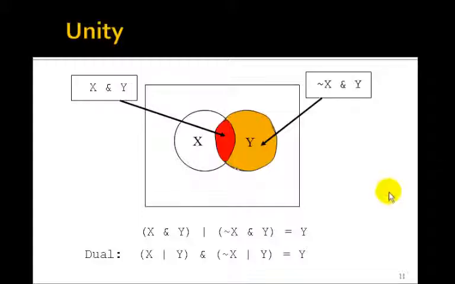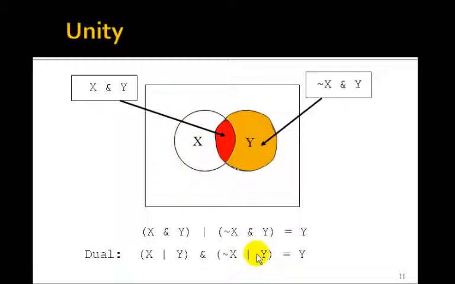Now, of course, the dual must be true. If we change ands to ors and ors to ands, well, we change ands to ors here. So x or y anded with not x or y must also equal y. Well, can you see how this works from the Venn diagram? What does x or y look like? That's this, both of them.